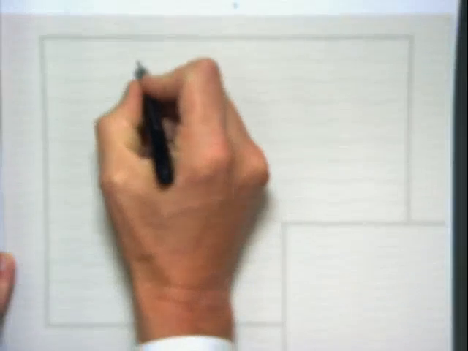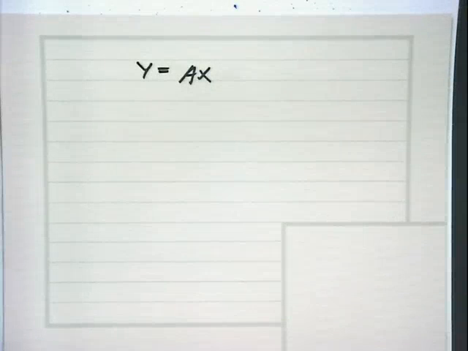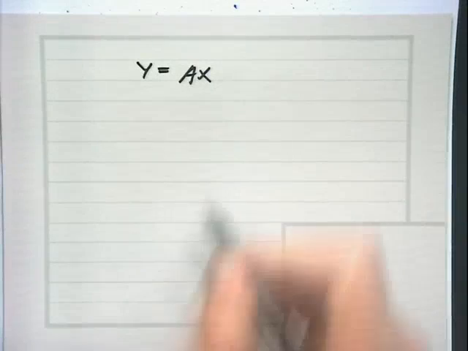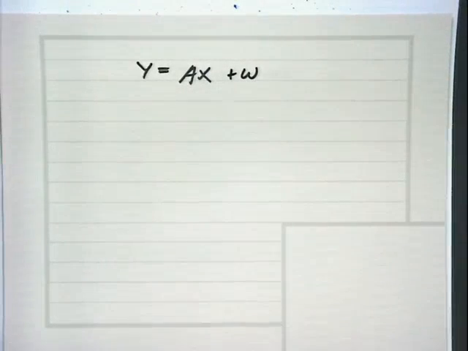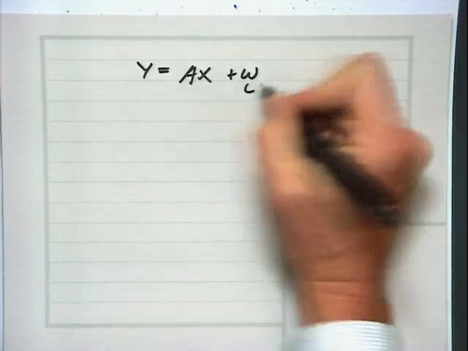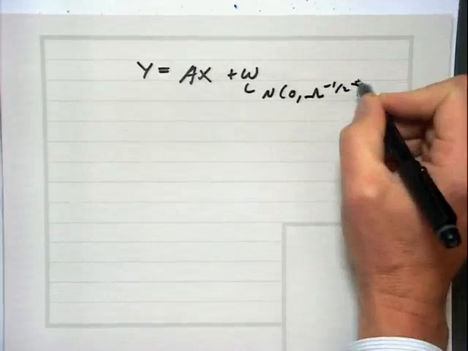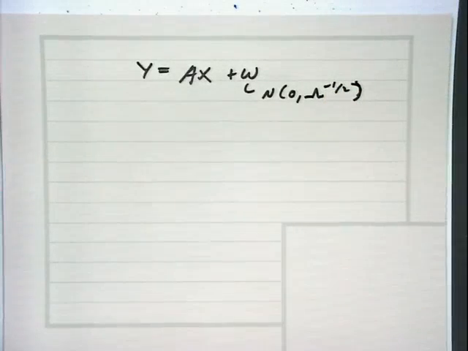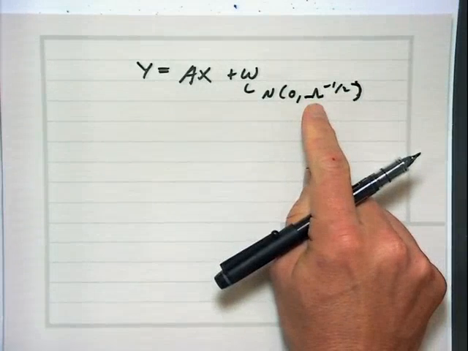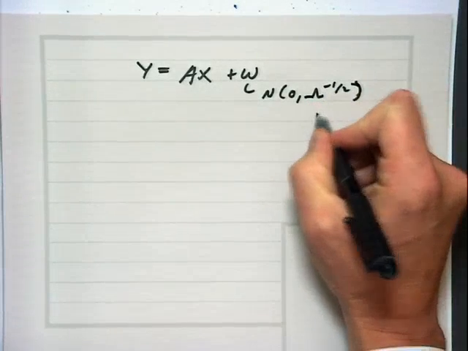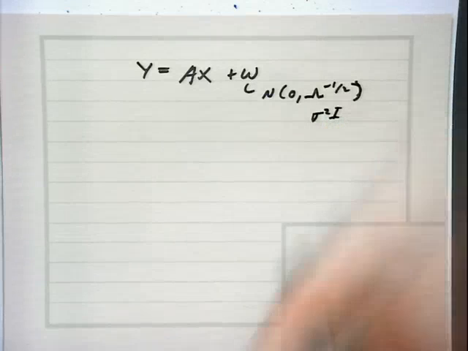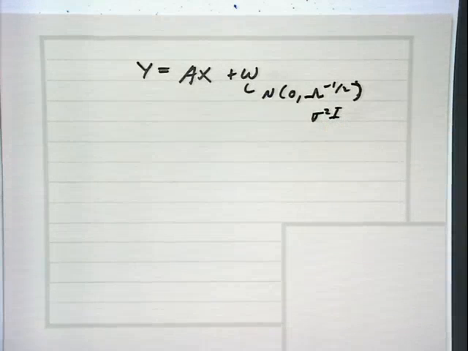So what happens is y equals A times x plus w, okay, and we want to solve this. Now, this thing here is normal, mean zero, with inverse covariance, say, minus 1/2 lambda. Actually in the notes, I think I just make this sigma squared times I. So it's IID.